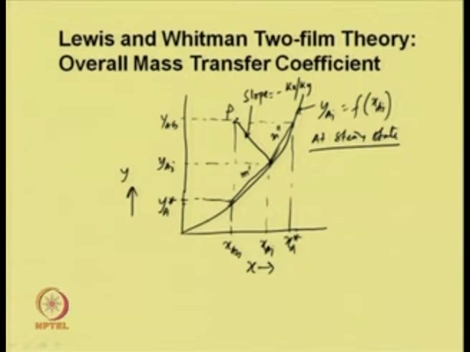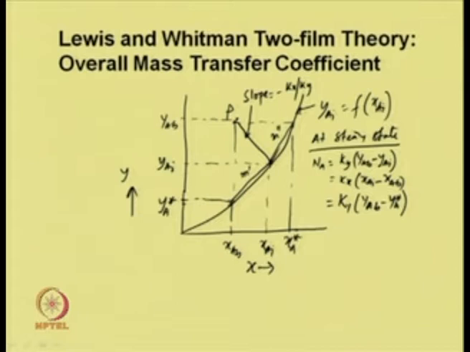we can write N_A is equal to k_y (y_Ab minus y_AI), which is equal to k_x (x_AI minus x_Ab), and also equal to capital K_y (y_Ab minus y_A star).